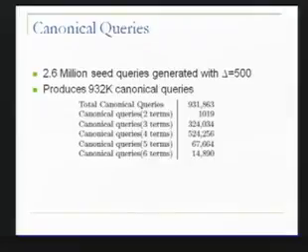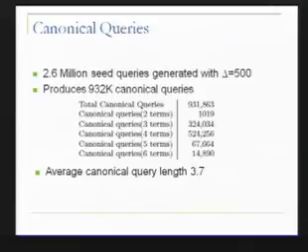Okay, so the first step is to create the set of canonical queries. This procedure created 2.6 million queries when the frequency threshold was set to 500, and it created almost 1 million canonical queries, where the lengths of the queries are listed in the table.